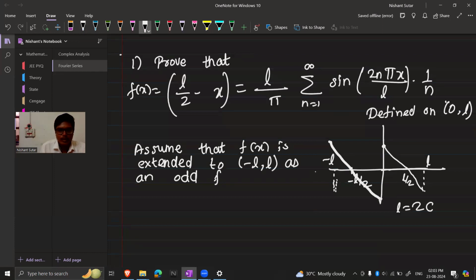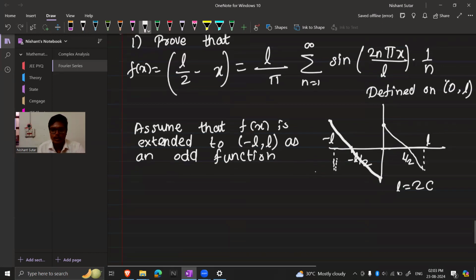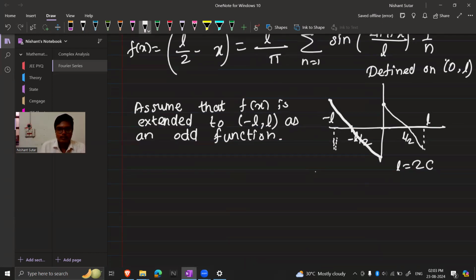Why am I taking an odd function? Because we want to express this function as sine terms. That's why I am considering only the odd terms, that is, sine terms.